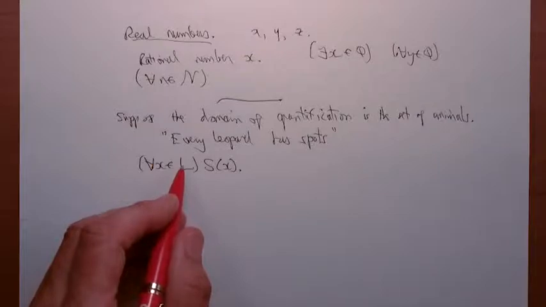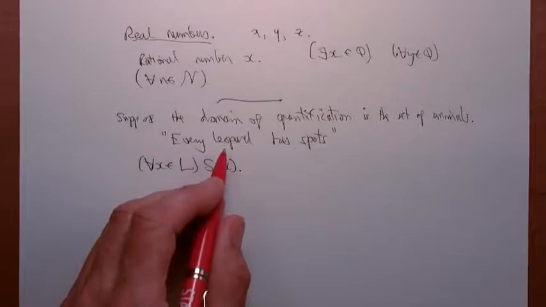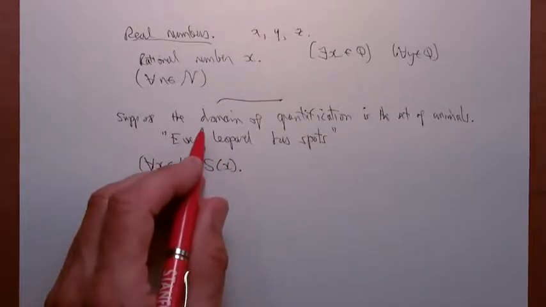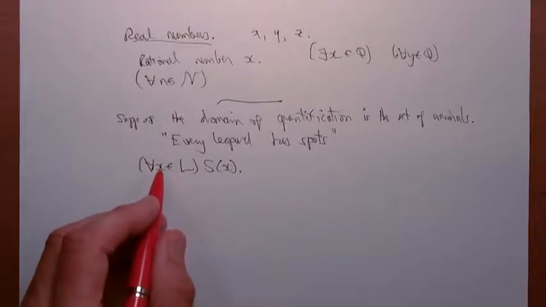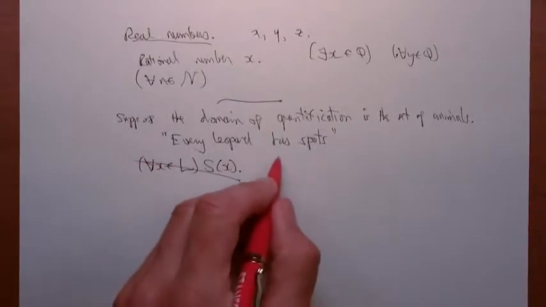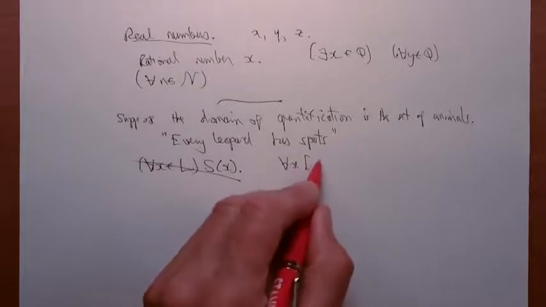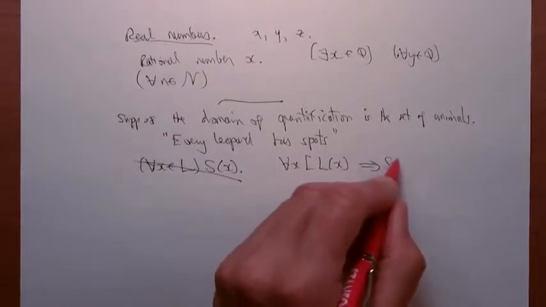Because the discussion isn't really about leopards or tigers or giraffes or whatever. It's about animals. And if the discussion's about animals, then the set of animals should be the domain of quantification. So instead of writing something like that, what I should write is for all animals, if that animal is a leopard, then it has spots.